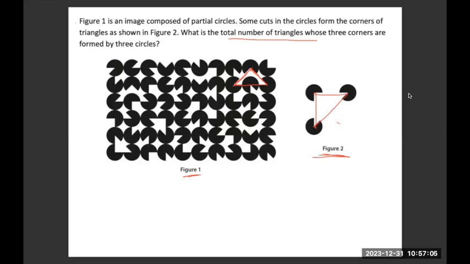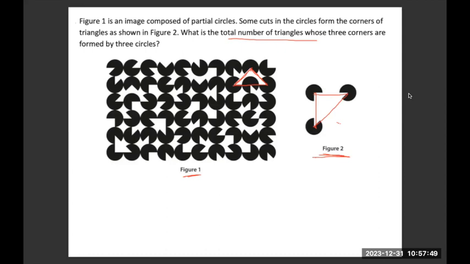Tanvi, wrong answer. Anshi, wrong answer.